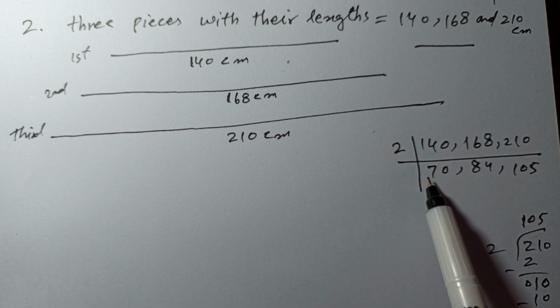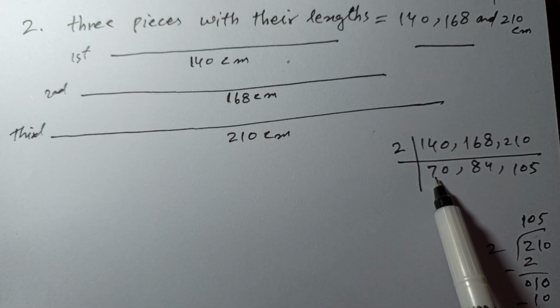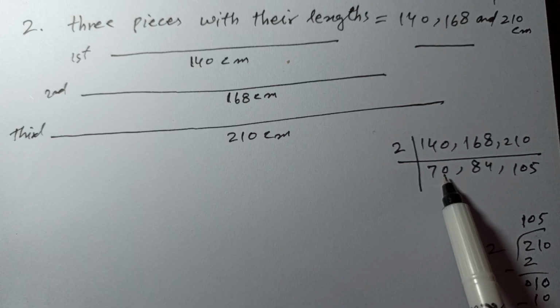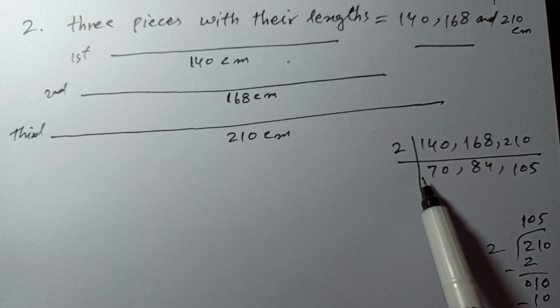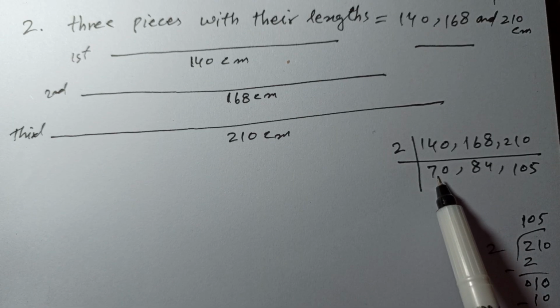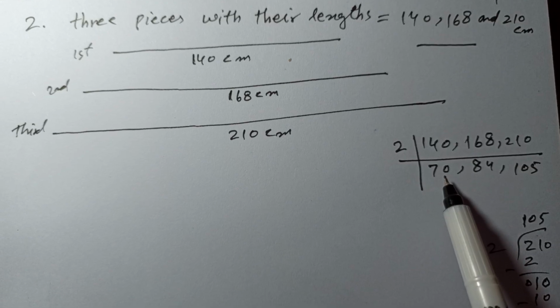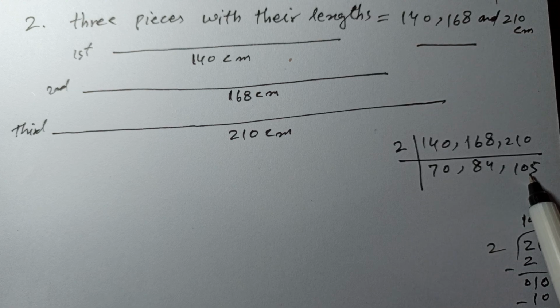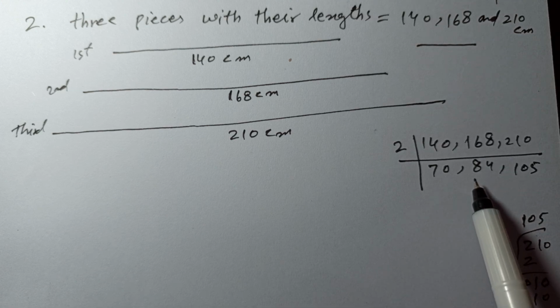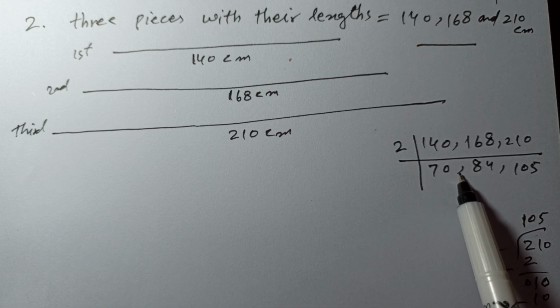Now divide by 3: 3 can't divide 70, because 3 twos are 6 and 10 can't be divided by 3. Now 4 we will not try because 4 is not a prime number. After 4, 5 can divide 70 and 5 can also divide 105, but 84 cannot be divided by 5.